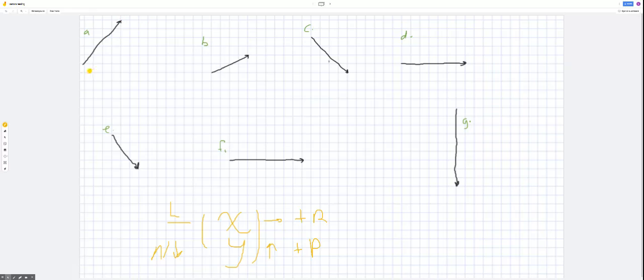On the x-axis, this would have gone 1, 2, 3, 4, so it moved 4. And on the y-axis, 1, 2, 3, 4. So when I'm writing this vector, I'm going to call it 4, 4. It means it's going 4 places to the right and then 4 up.